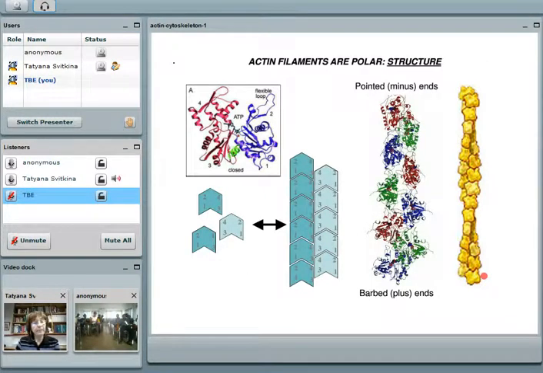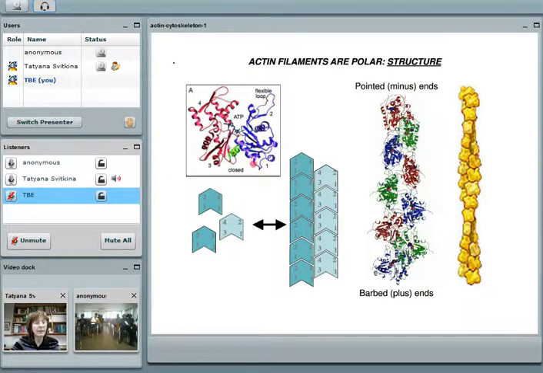So now, what I described to you is a bit simplified because I treated both ends of actin filaments as if they were identical, but they are not identical. Because if we look at, again, actin monomer, it is an asymmetric molecule. It has this cleft at one end and no cleft at another end, and overall these are just different amino acids all over the surface.